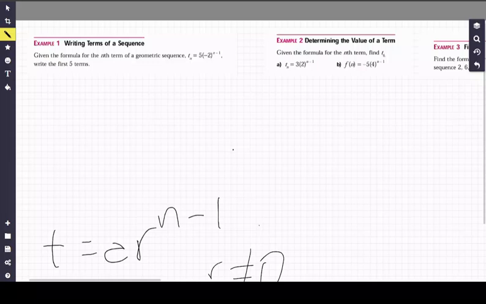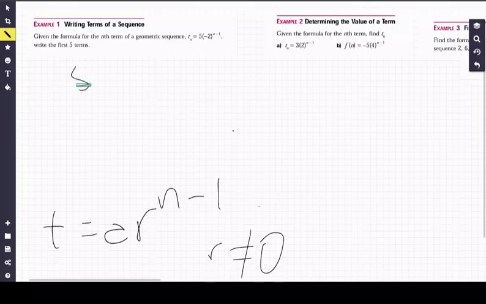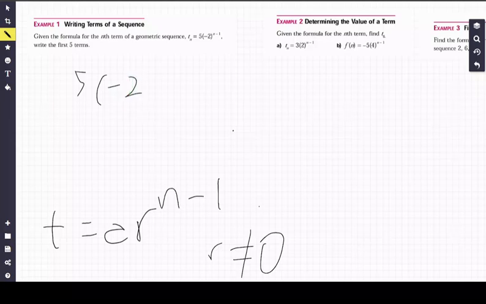We can start at n equals 1. If n equals 1, we have 5 times negative 2 to the 1 minus 1, which is 0, so that's just 1, so that's going to be 5. That's our first term.